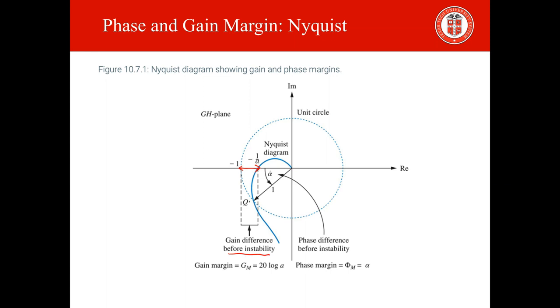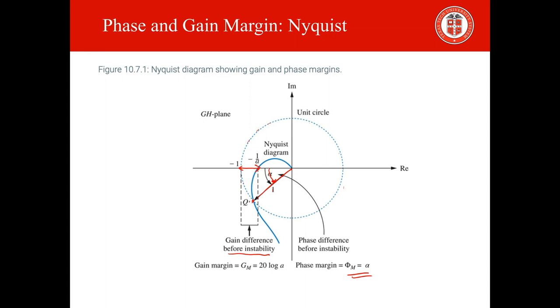And the phase margin is a little bit odd, but this is the phase margin. It's this angle where the point of the Nyquist diagram actually intersects this radius circle of radius 1. Okay, that's our phase margin.